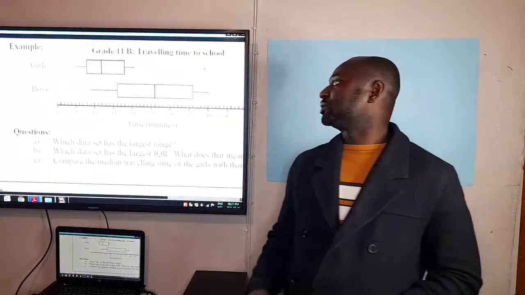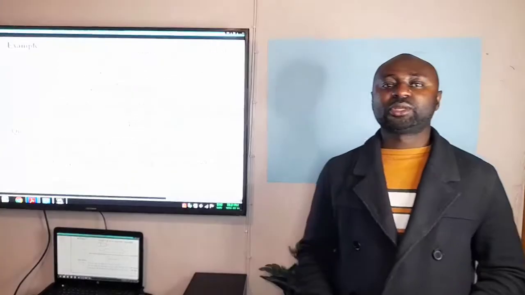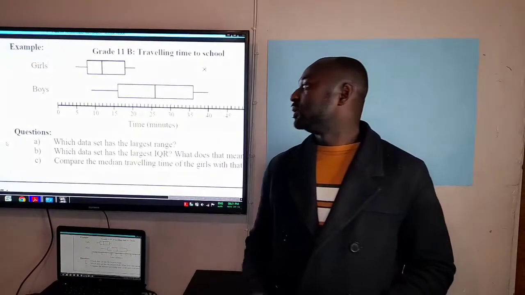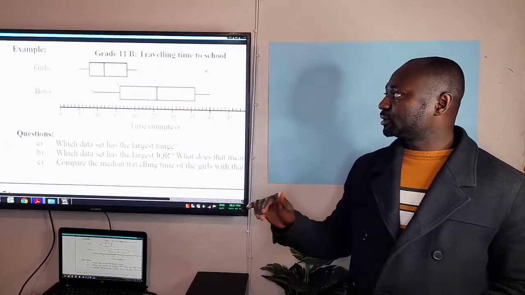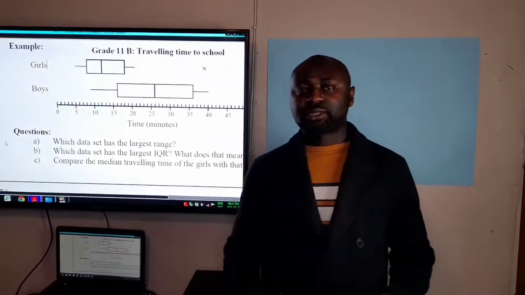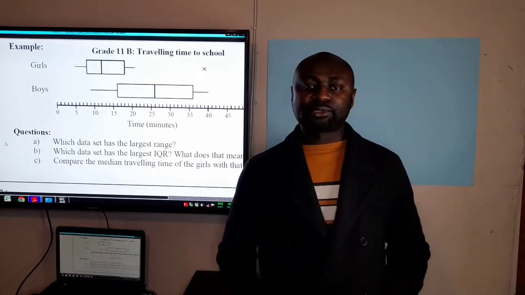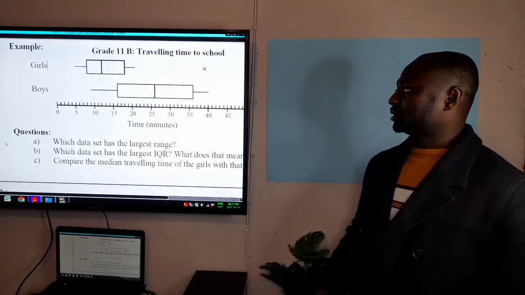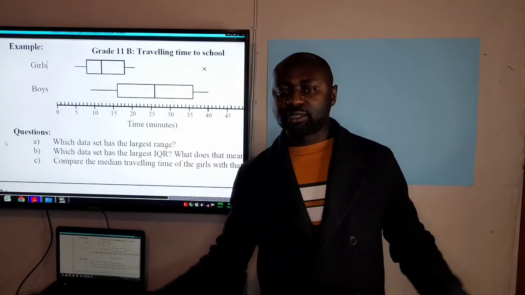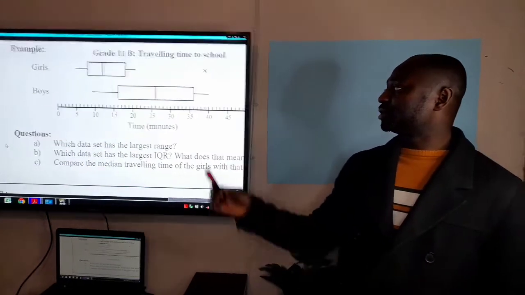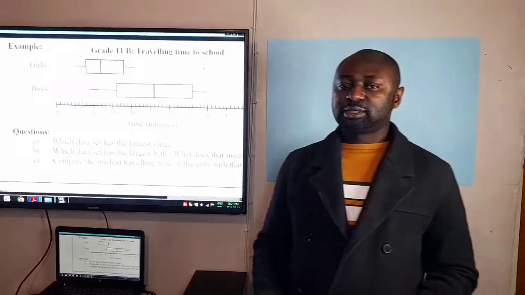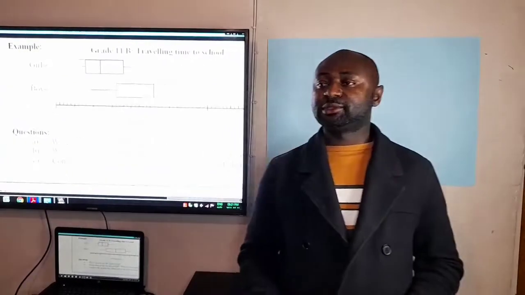We're going to continue with our lesson this morning, and we're still on data handling, and our topic is still box and whisker diagram. Yesterday we did talk about the 5-number summary, and then we said when you are given the data, you need to rearrange your data and you choose all the 5-number summary.